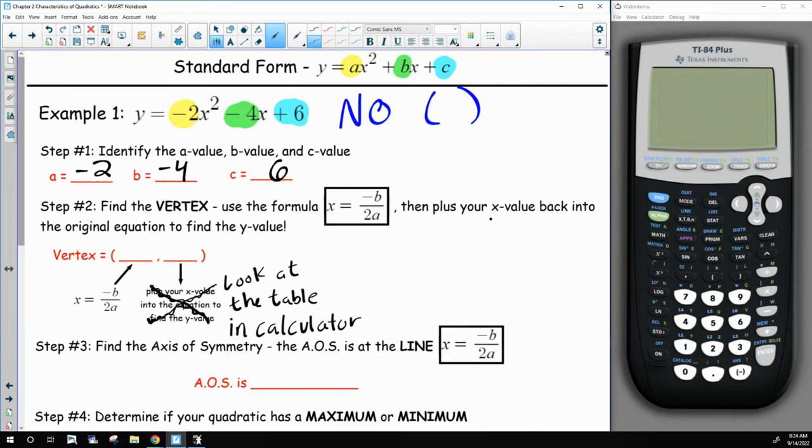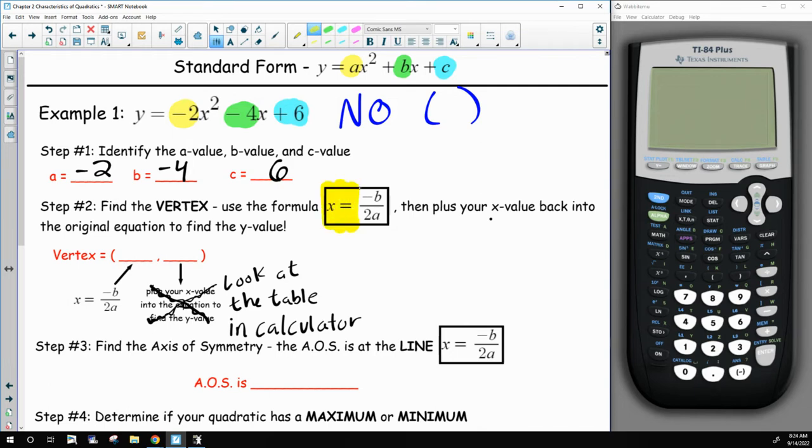In standard form, it's a little trickier because sadly, it's not like vertex form, where h and k are your vertex. In standard form, you can't just look at your three numbers and see the vertex. However, in step number 2, when we find the vertex, we have a simple little equation we need to use. This is super important.